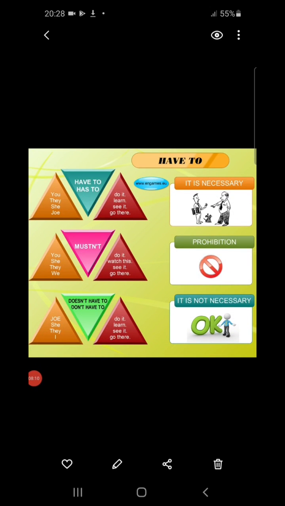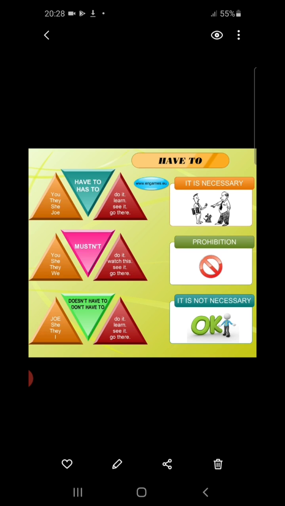Example. See the sentences with the words have to, has to, mustn't, doesn't have to, don't have to. You have to do it. They have to learn. So basically, it is revealing necessity. So in the first picture, you can see that it's about necessity.